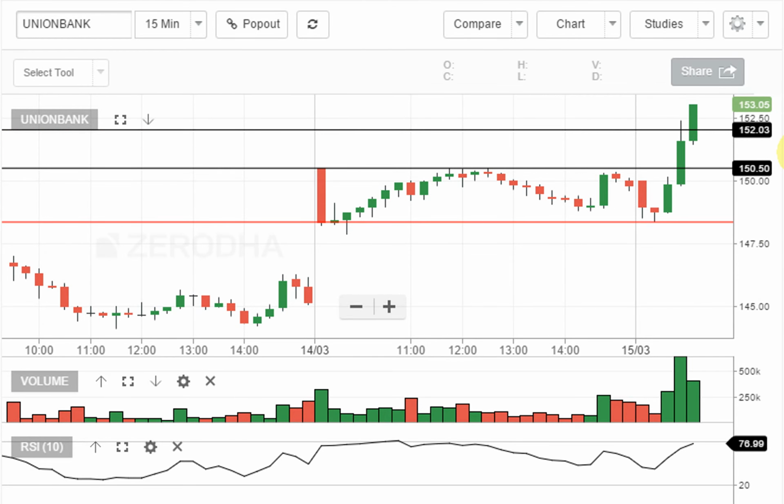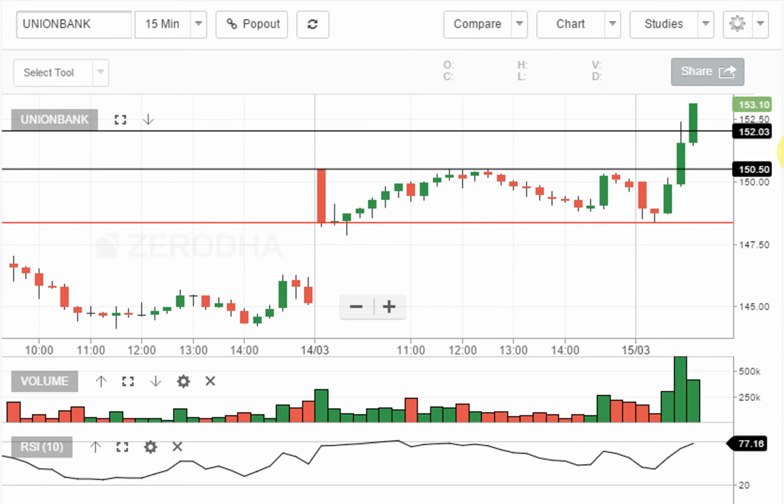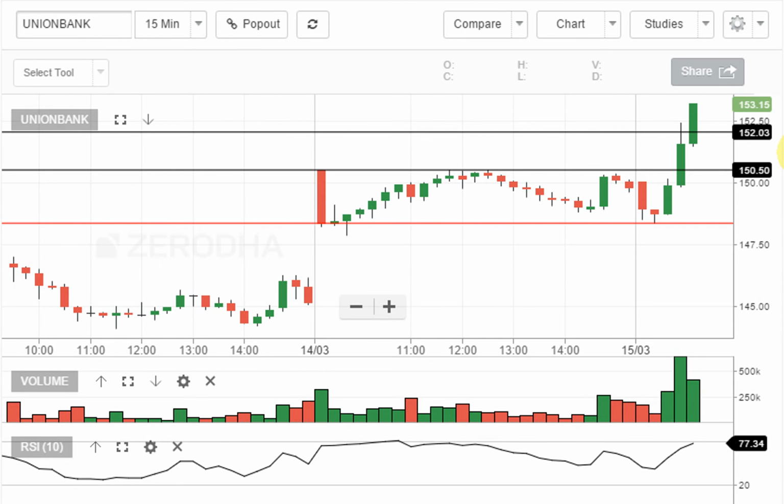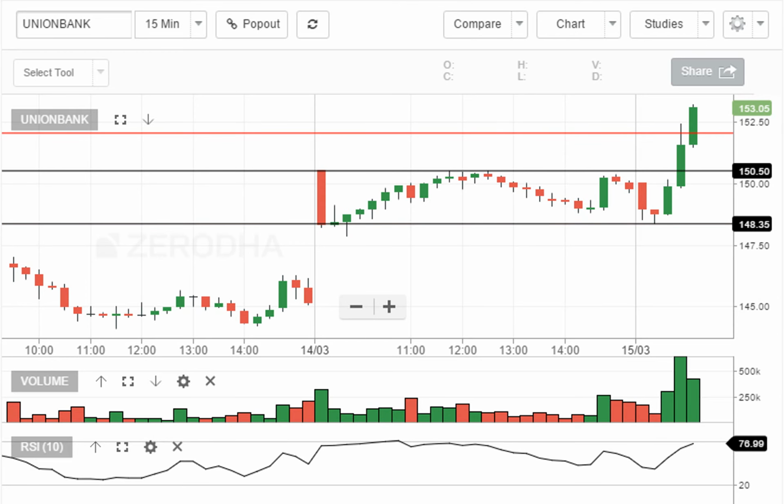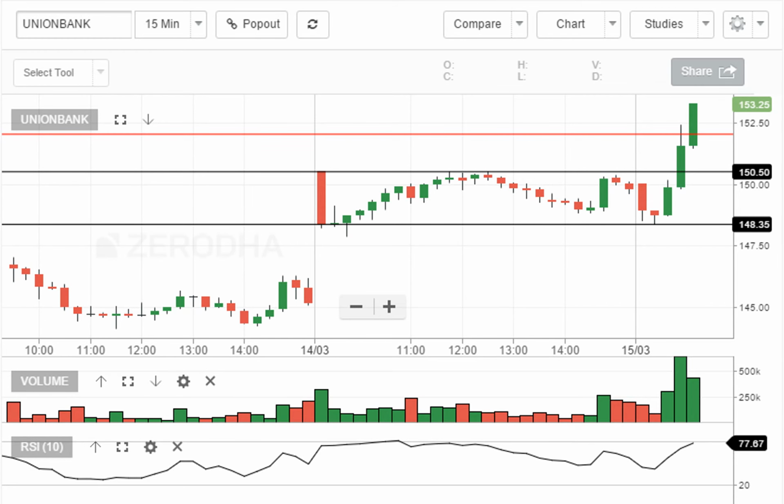So we had taken 880. As soon as it opened, we were on the buying side of it, and it started moving up. 880 open, and as soon as it opened here, it came down to 880 and started moving up. We had taken positions here.